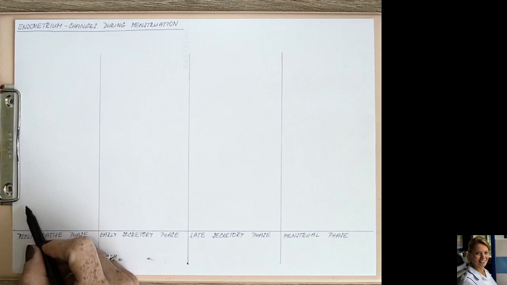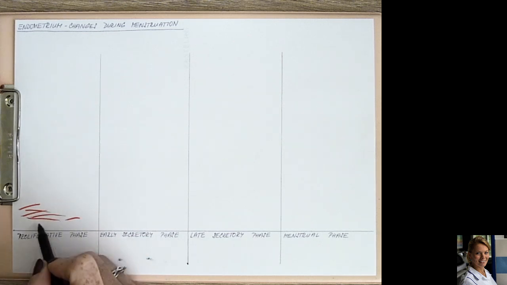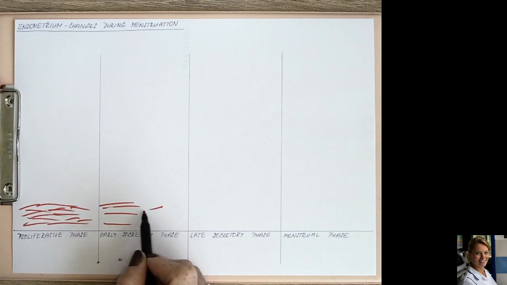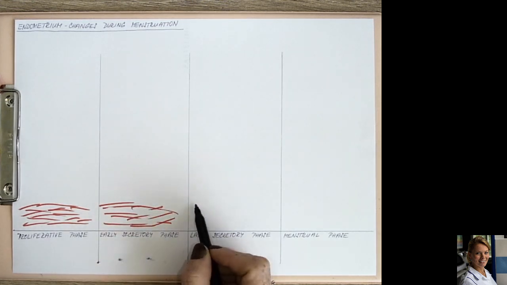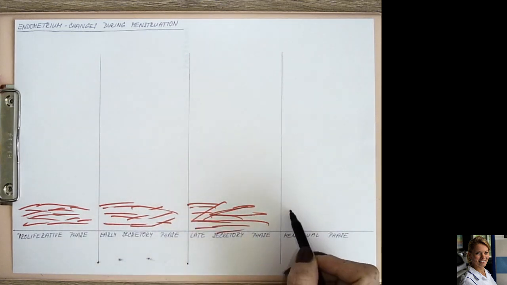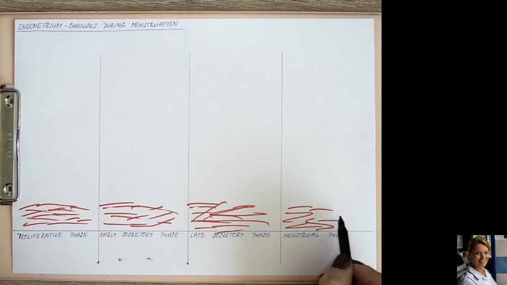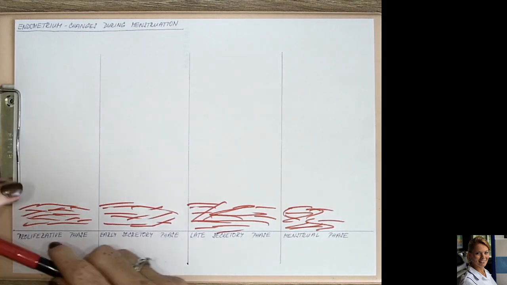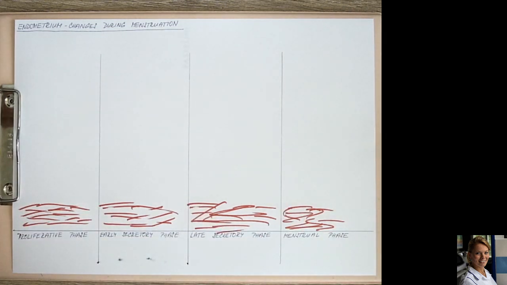I will draw only the upper layer of myometrium in all phases. The myometrium with smooth muscle bundles. And endometrium is subdivided into two layers, stratum basale and stratum functionale.